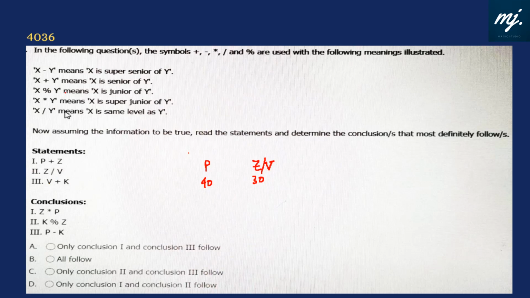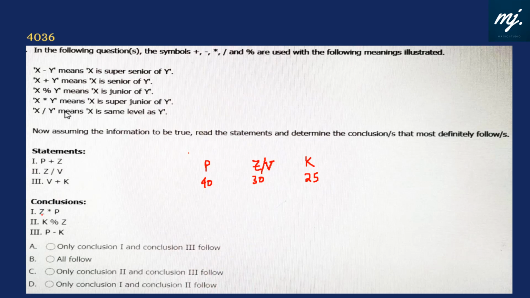Next is V plus K. Plus means V is senior of K. That means K is junior to V. K should be here. Let its point be 25. Now this is the hierarchy. Z and V both are senior to K and P is senior to Z and V.